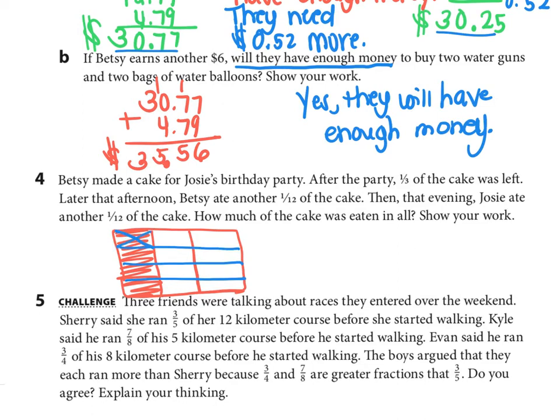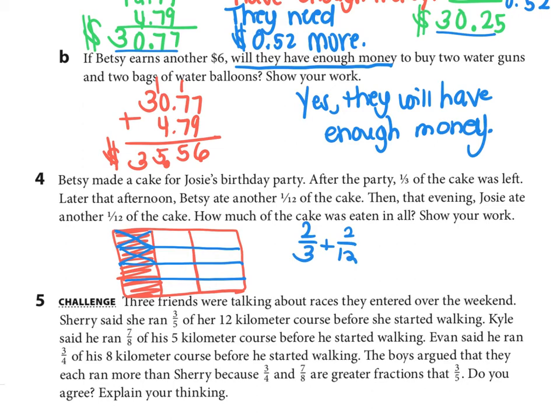Then that evening, Josie ate another 1/12 of the cake. How much of the cake was eaten in all? So it looks like 2/3 plus 2/12 was eaten in all.